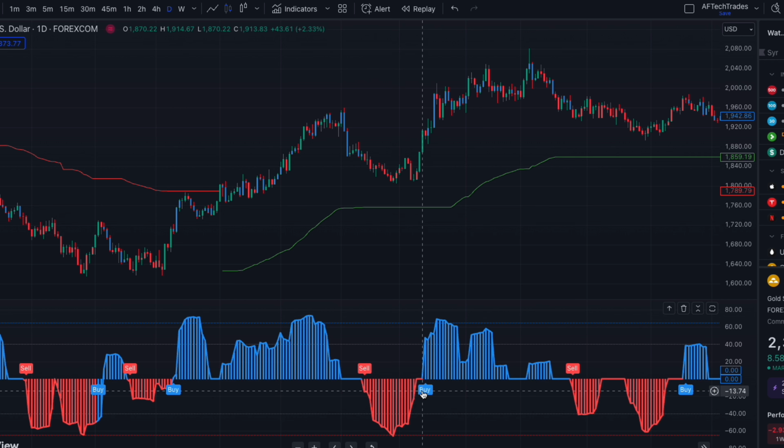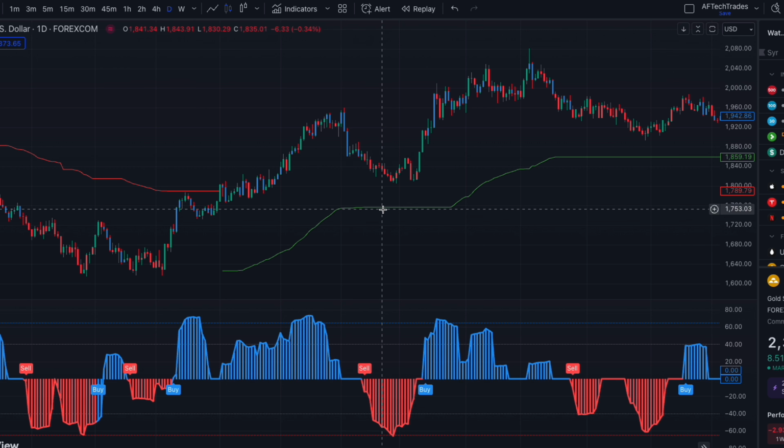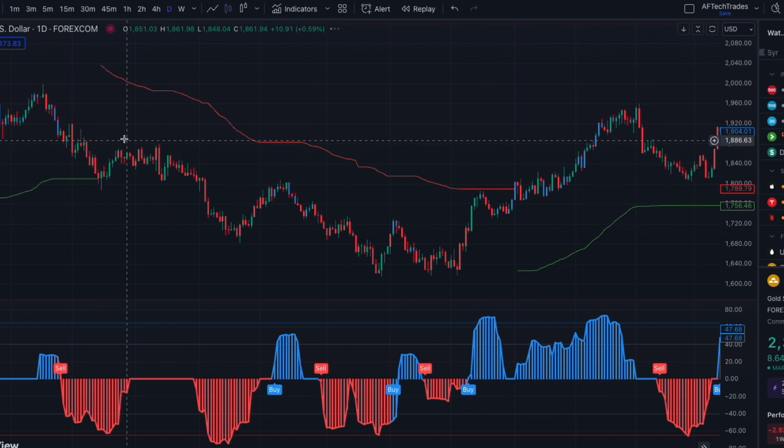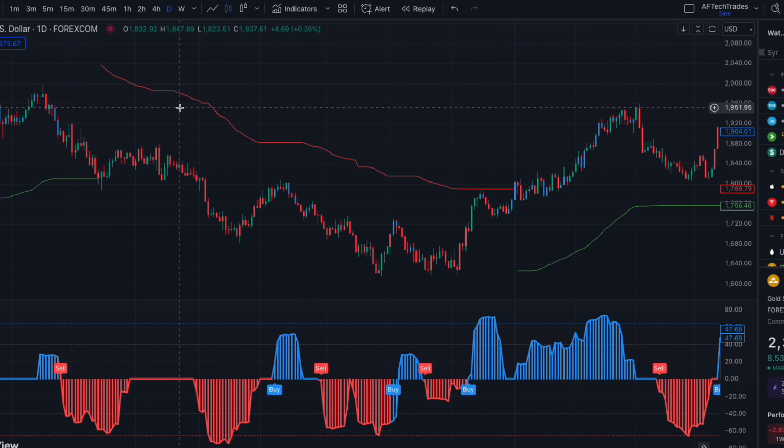Then if a buy signal triggers and the line above here is green, then you can take the trade, right? Similarly, on a downtrend, if a sell signal triggers and you find out that this line up here is red, then it is safe to take the trade.